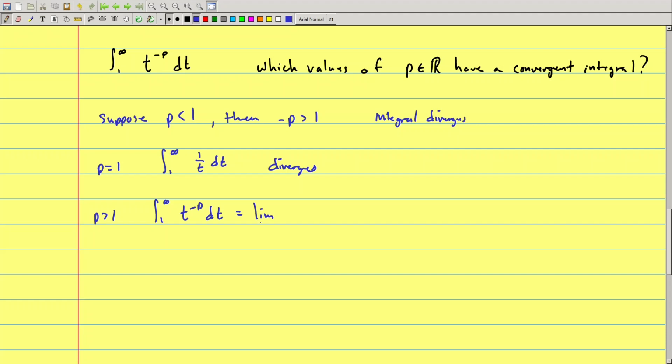This is going to be equal to the limit as a approaches infinity of the integral from 1 to a of t to the negative p power dt. This is something that we can integrate using the power rule because we know that we're not going to get logarithms or some nonsense because we've isolated that case already. Increase the power by 1, divide by the new power.